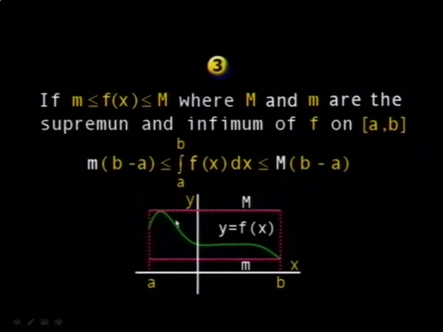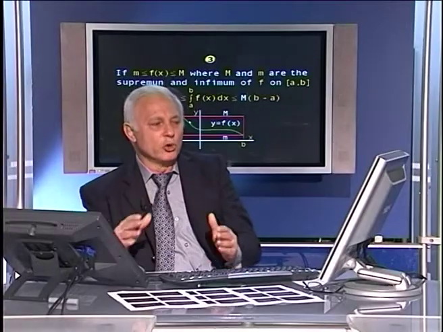And the area under the green graph is again greater than the small m, which is the smaller value of the function, times b minus a. In other words, you have two rectangles, a great one, capital M times b minus a, and a small one, small m times b minus a, and the area under your graph is located between these two areas.